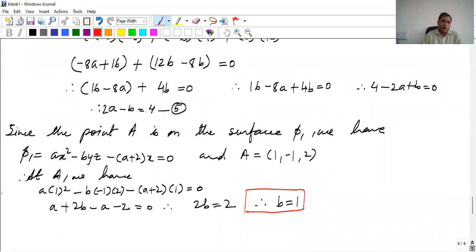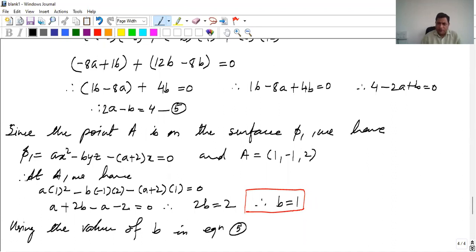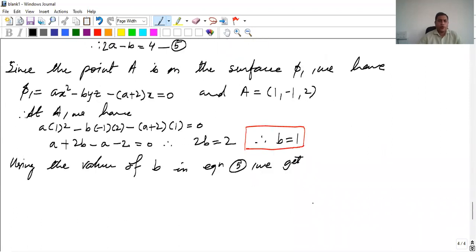So using the value of b in equation 5, we get, see, this is 2a minus b is equal to 4. So 2a minus 1 equal to 4. So I can write 2a is equal to 5, and hence a is equal to 5 by 2.